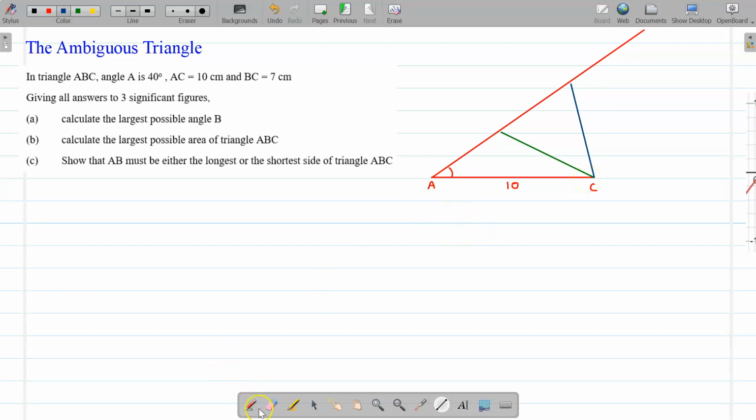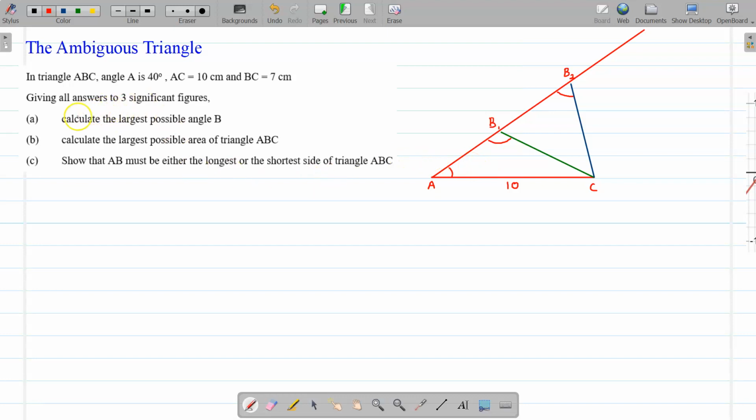I'm just going to call these two points that I've created B1 and B2, because there are two possibilities here. By labeling the points B1 and B2 for convenience, I'm going to refer to this angle as B2 and this angle as B1.